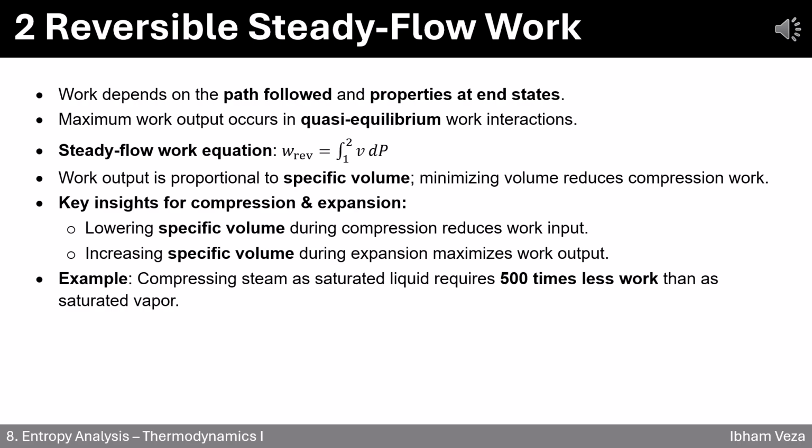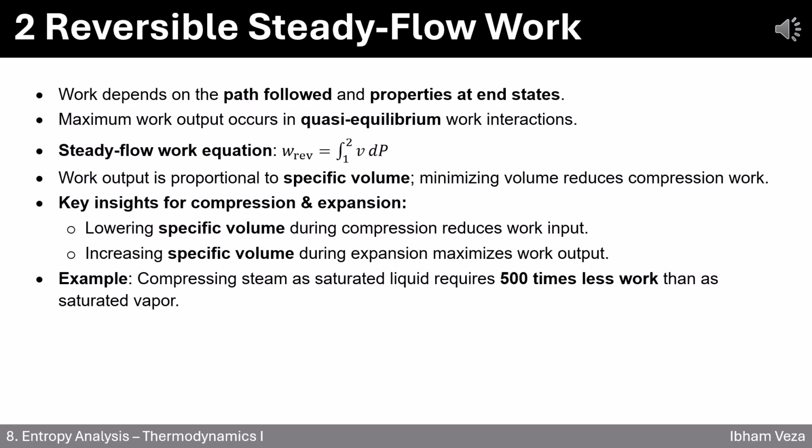We also introduce a key formula, the steady flow work equation. This equation shows that the work is tied to specific volume and the pressure change. The smaller the specific volume, the less work it takes to compress something. This is why, for example, compressing liquid water takes far less work than compressing steam.